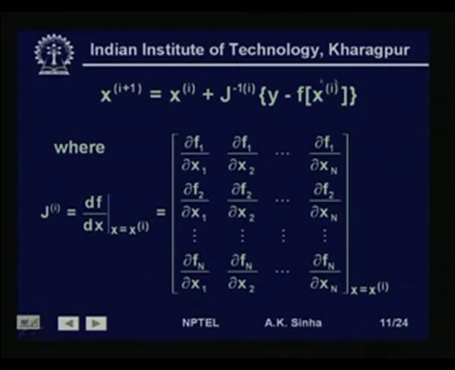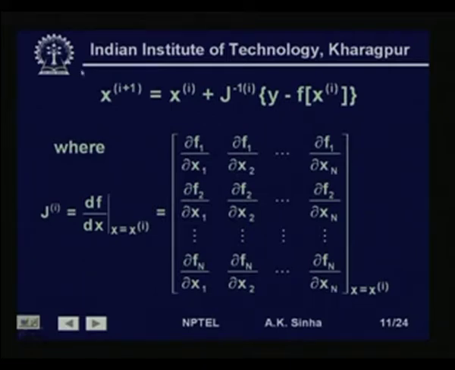This is the iterative solution that we will get. At each iteration we will update x, and we will keep doing it till we reach convergence, that is, x(i+1) minus x(i) becomes very small, or becomes less than our specified tolerance.